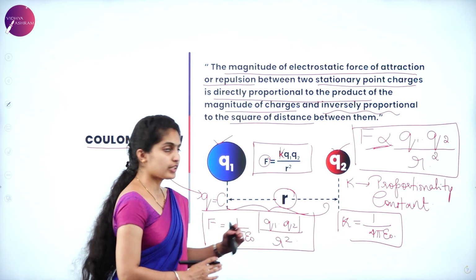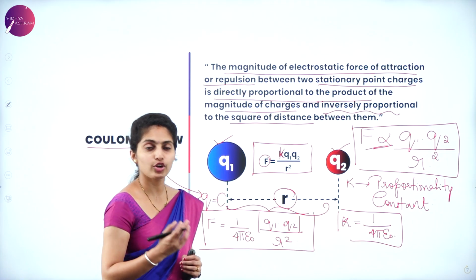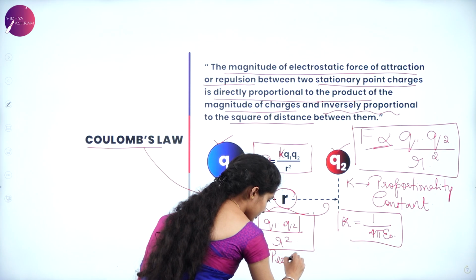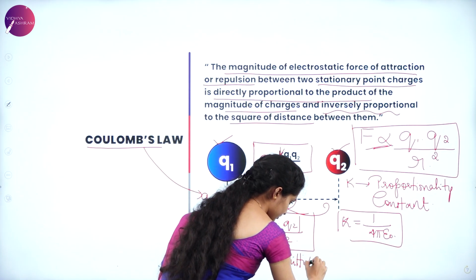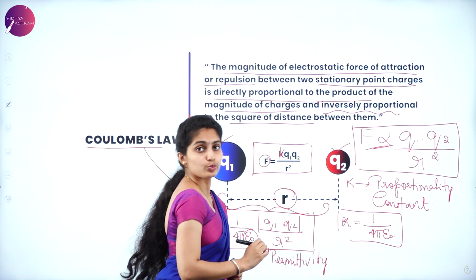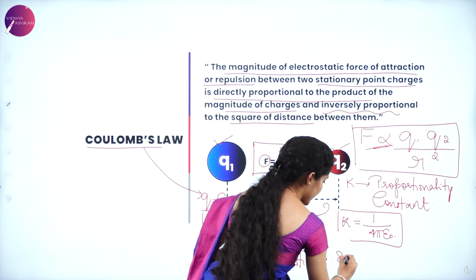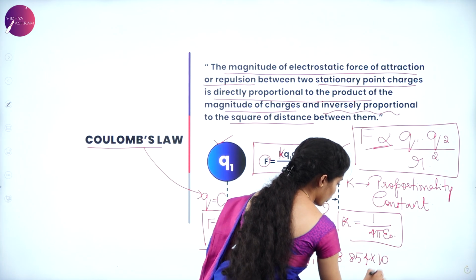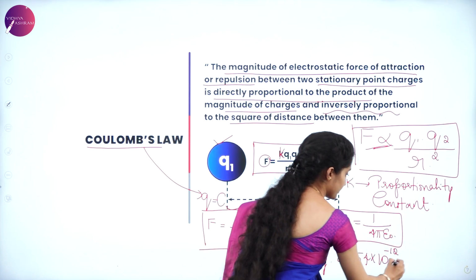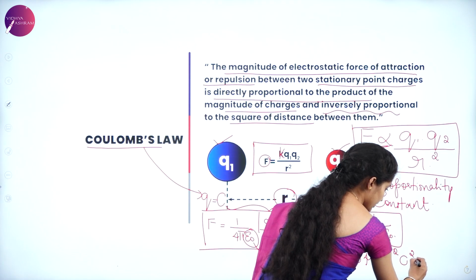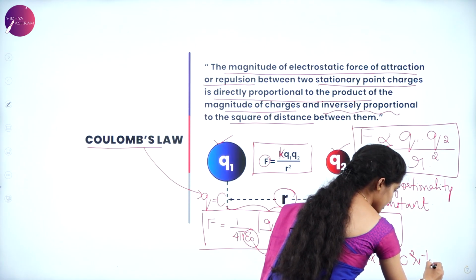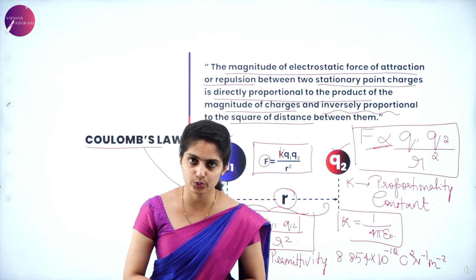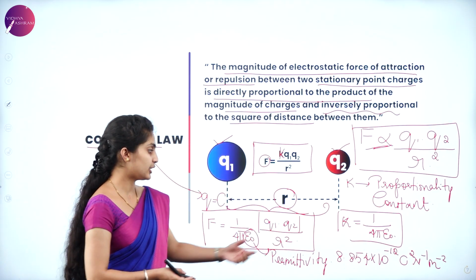Epsilon naught is known as permittivity, whose value is 8.854 into 10 to the power of minus 12 C square N inverse m minus 2. That is the SI unit for permittivity.